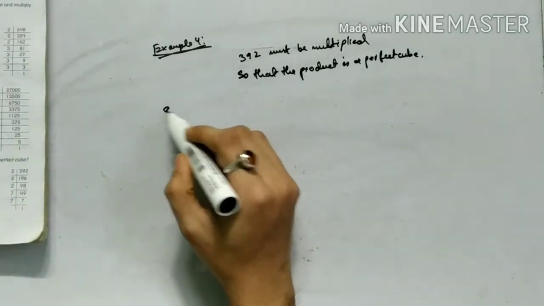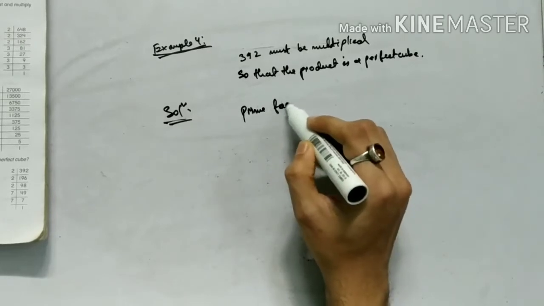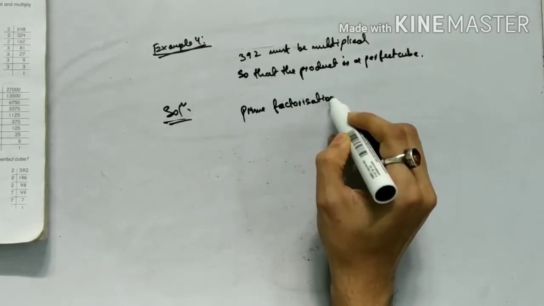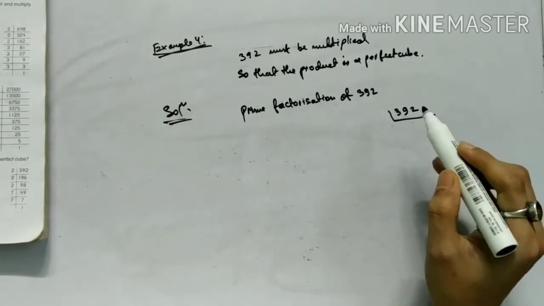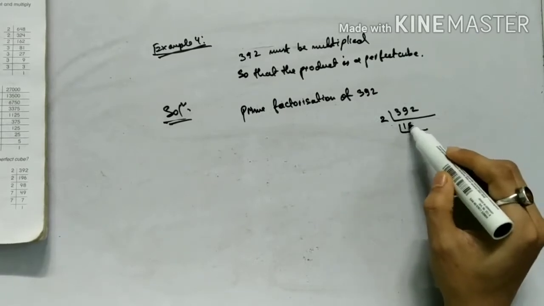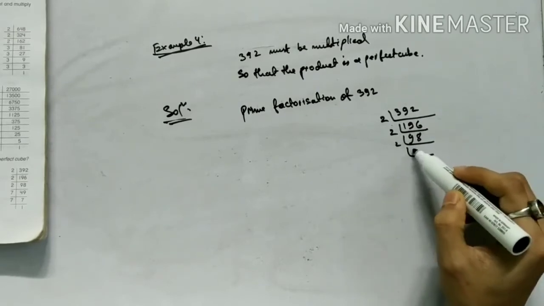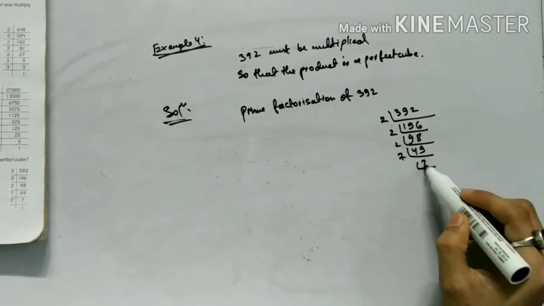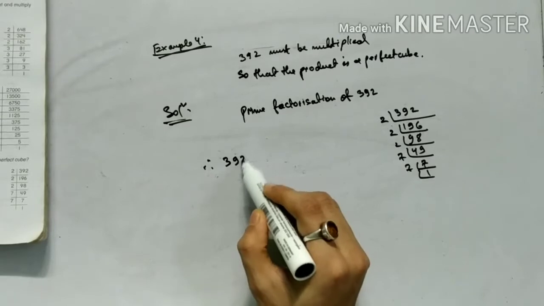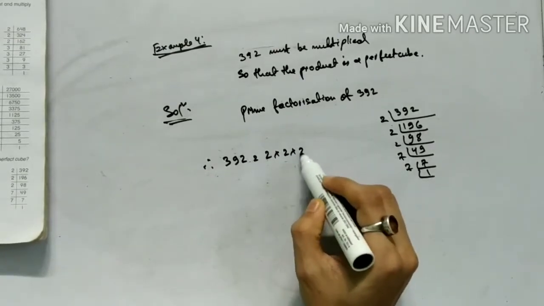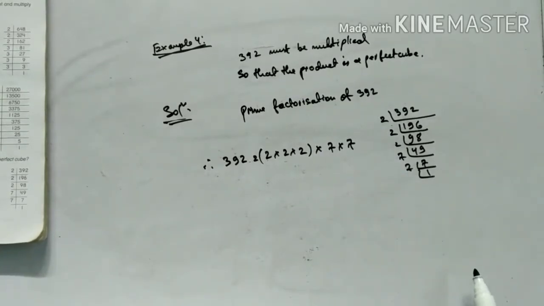Again I will take out the prime factorization of 392. Dividing by 2 repeatedly and then by 7, we get 392 equals 2 into 2 into 2 into 7 into 7.